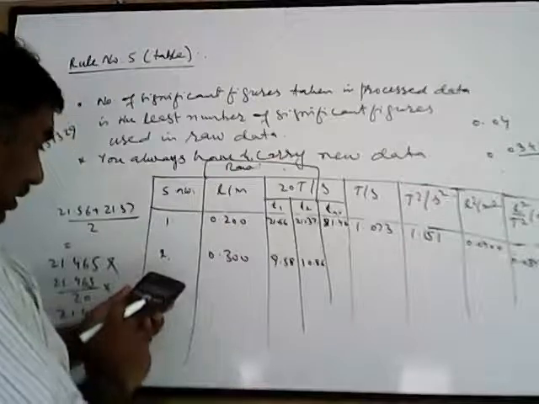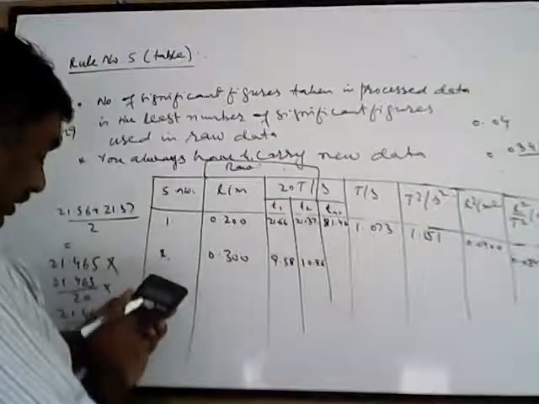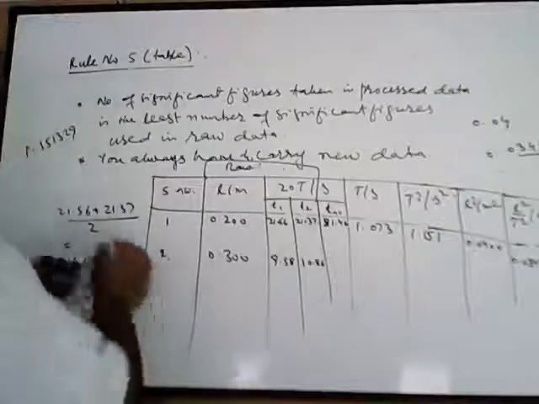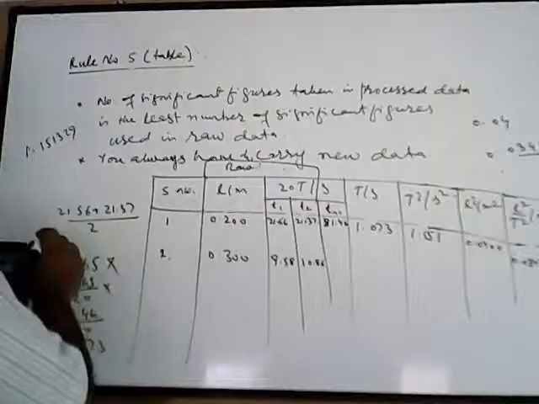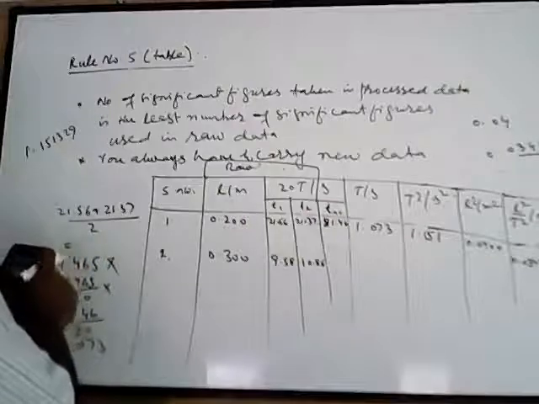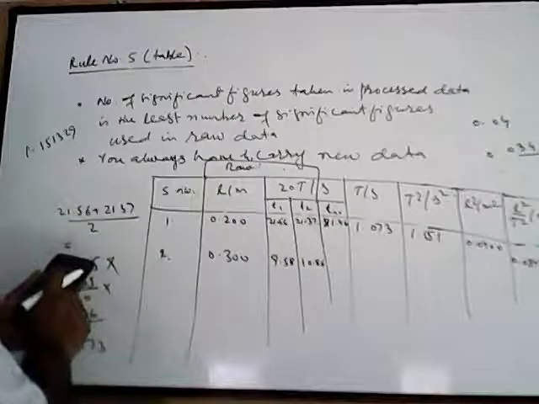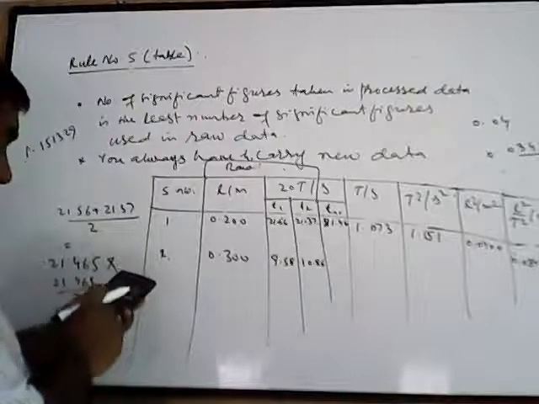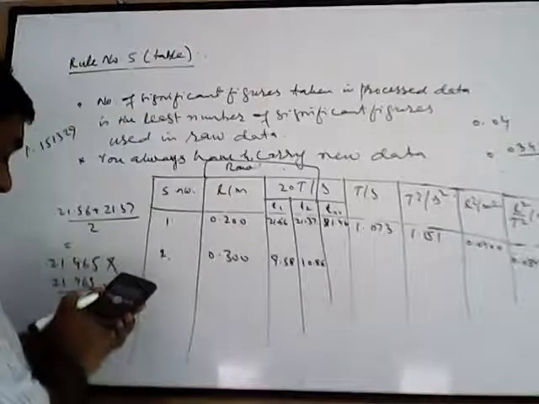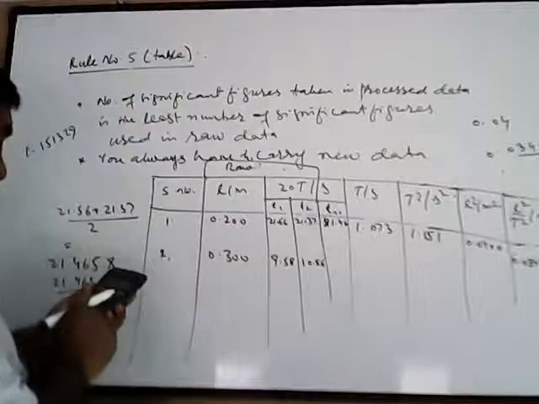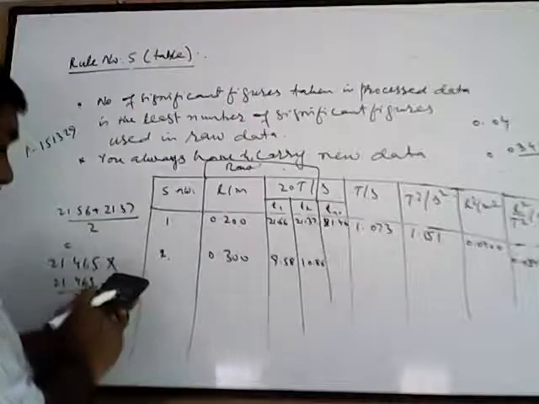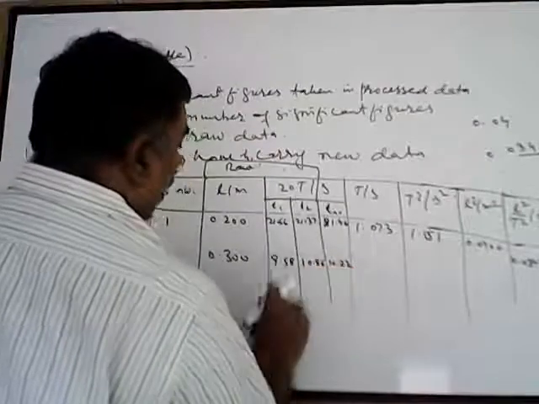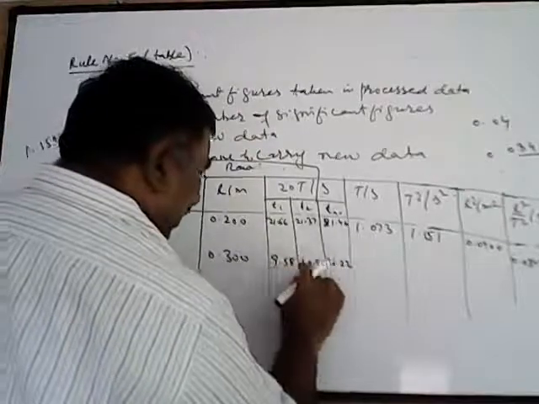It is 9.58 plus 10.86 divided by 2. It comes 10.22.